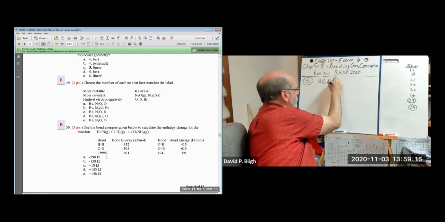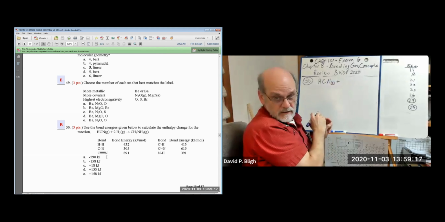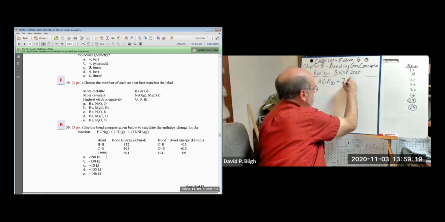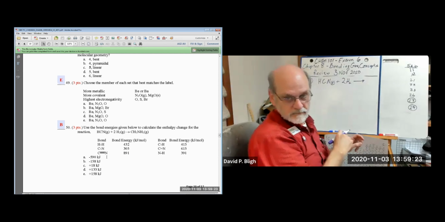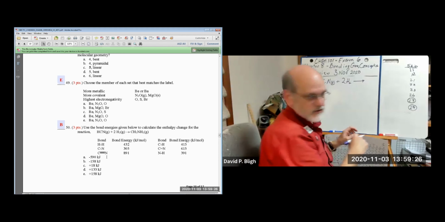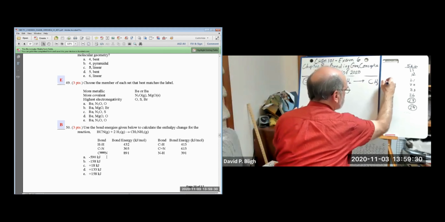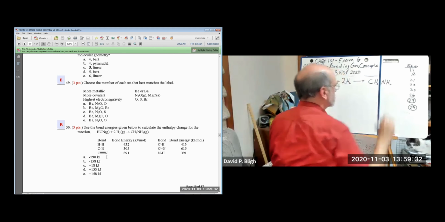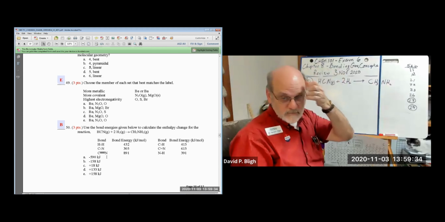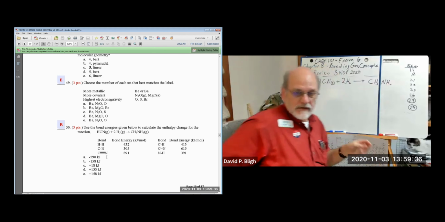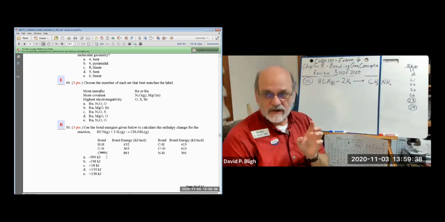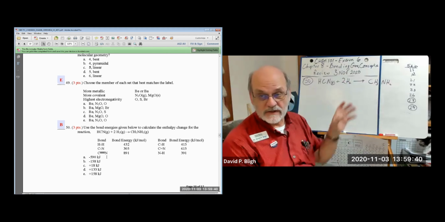And the reaction is HCN plus 2H2 yields CH3NH2. All right. So in order to do this calculation, you have to know what bonds are in the molecules.